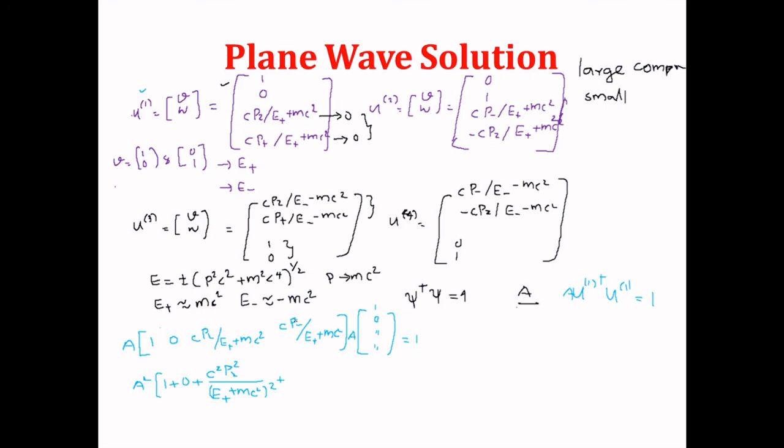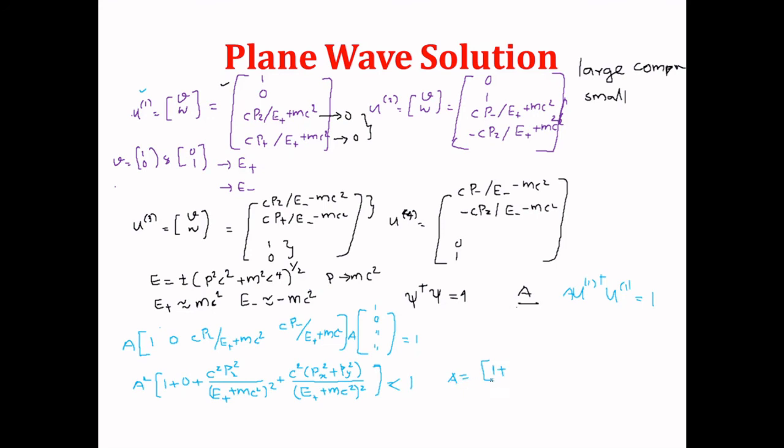P minus into P plus is (Px minus iPy) into (Px plus iPy). It will become Px square minus i square Py square, that is Px square plus Py square. So this term is C square (Px square plus Py square) by (E plus mc square) the whole square, equal to 1. Now you can find the value of A from this particular equation.